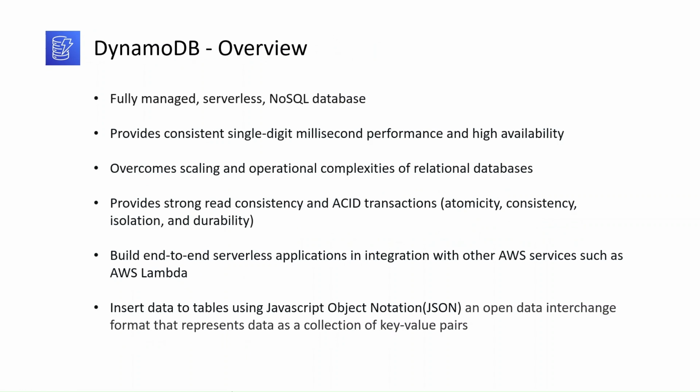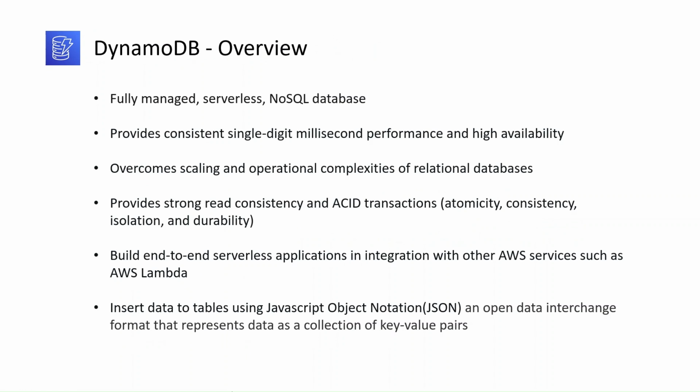DynamoDB overview. Amazon DynamoDB is a serverless, NoSQL, fully managed database and provides single-digit millisecond performance and high availability. It eliminates the scaling and operational complexities of relational databases. As a NoSQL database, it provides strong read consistency and ACID transactions, atomicity, consistency, isolation, and durability, for building enterprise applications.